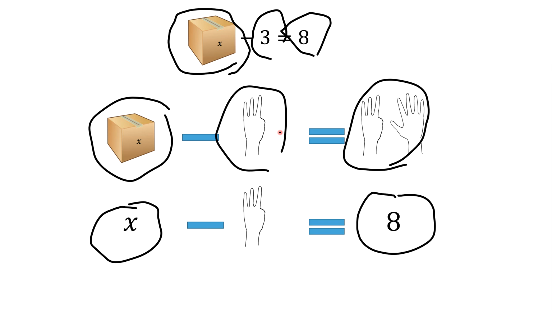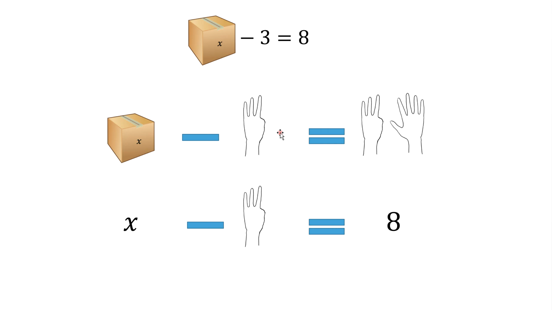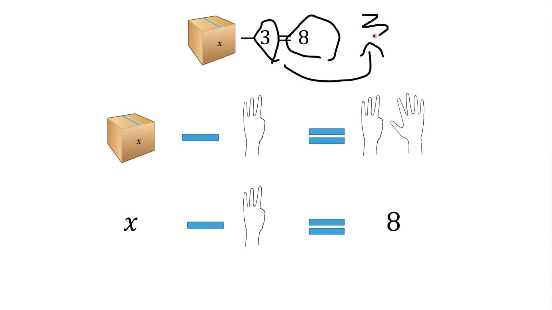Now, to solve this, I can follow the same procedure we had from last time. I can take the number that I have on the known side, which is 8, bring this number to this side, 3, and do the inverse operation, which is plus in this case, to get my X answer directly.